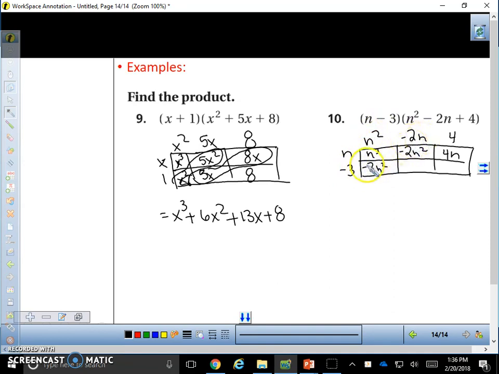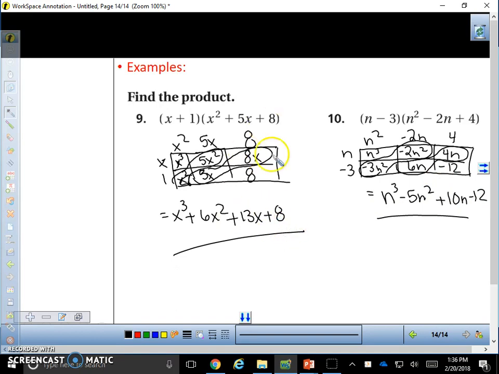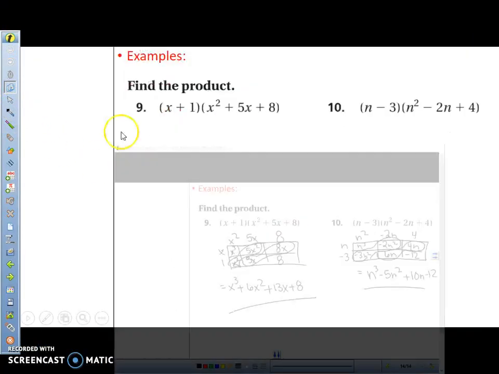Negative 2n times negative 3 is positive 6n. And negative 3 times 4 is negative 12. Like terms right here and like here. So we're going to combine them and put into standard form: n cubed minus 5n squared plus 10n minus 12. Done. Have to use a rectangular array. There is no FOIL method for this one.